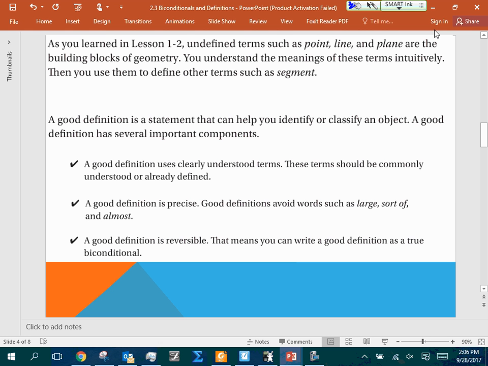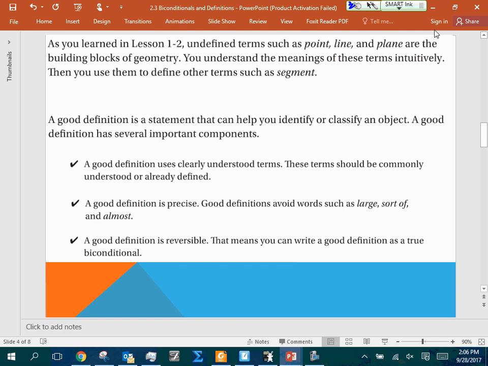But you've also taken tests where they write the vocabulary word out, and you have to write by hand the definition, correct? So that's a biconditional idea. If I give you the vocab word, you can provide me the definition. If I provide you the definition, you can give me the vocab word. Does that make sense? That's what we did with that last slide.